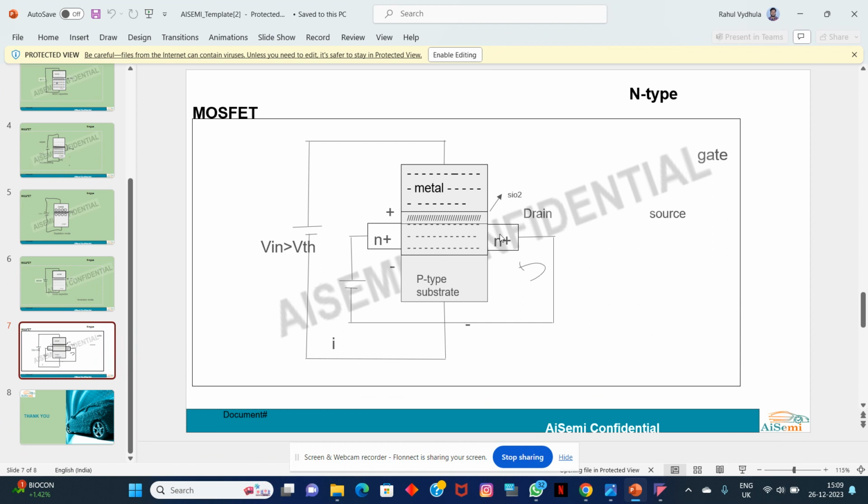As a result, the depletion region is decreased and current flow is formed. In the gate, we apply a certain voltage, then the flow of current is formed.